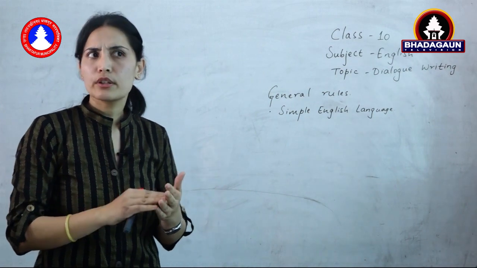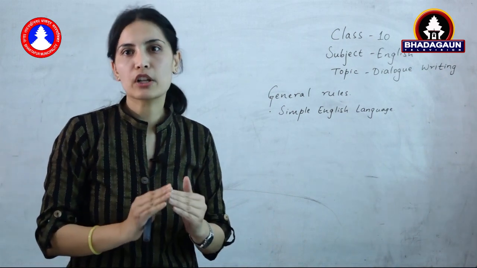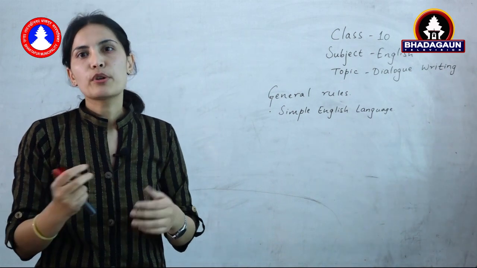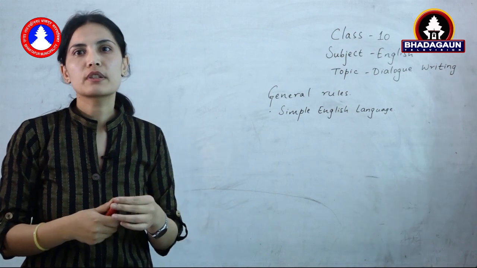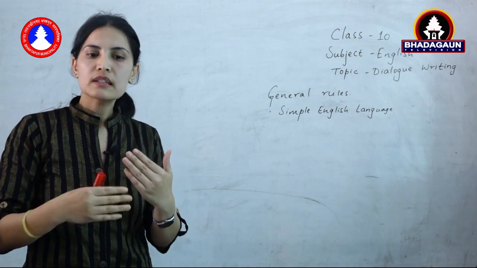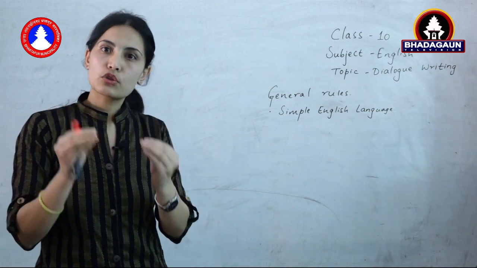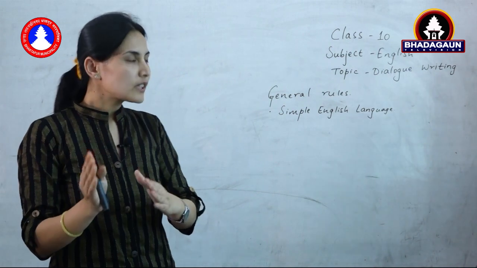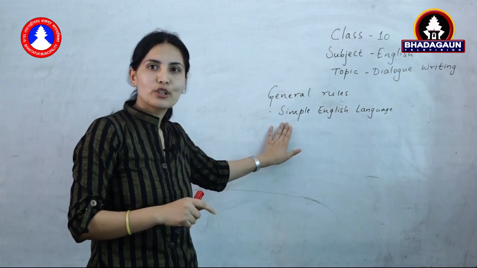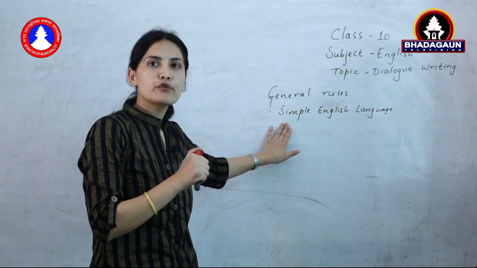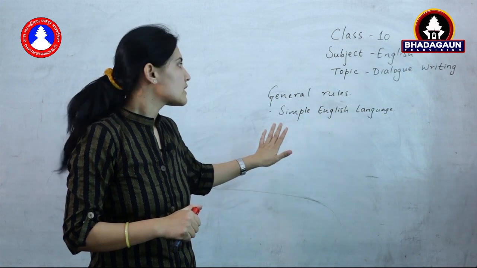Sometimes you have to write a dialogue between a shopkeeper and a customer to buy something. Sometimes you have to write the conversation between a patient and a doctor. So those things which happen in our regular daily life are the situations given to you. In our daily life we use simple English language, and in the same way, in our dialogue writing also we use simple English language.